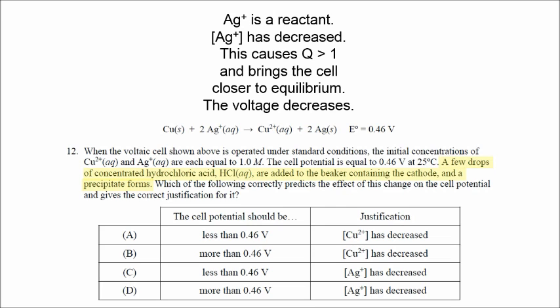Since silver is a reactant, and we're forming a solid precipitate, we're lowering the concentration of silver, decreasing the concentration of a reactant. This causes Q to become greater than 1. This brings the cell closer to equilibrium and the voltage decreases. So correct answer is C.